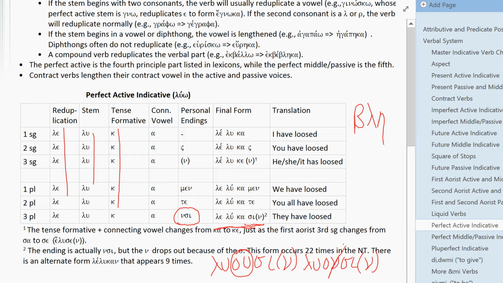So that's what happens there. But in this case, because you don't have an omicron connecting vowel, but you have an alpha, there's not going to be a lengthening to a diphthong. It's just going to remain alpha. And so the nu still drops out. There would have been a nu right there, lelukansi, but instead it just remains lelukasi.